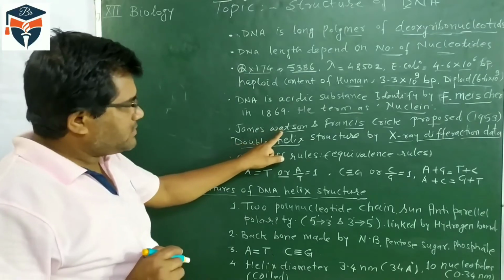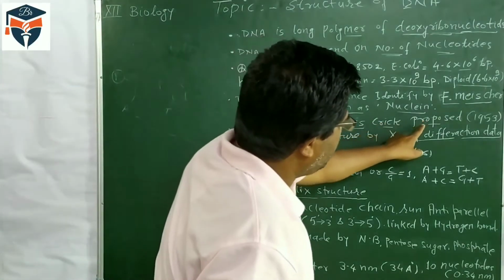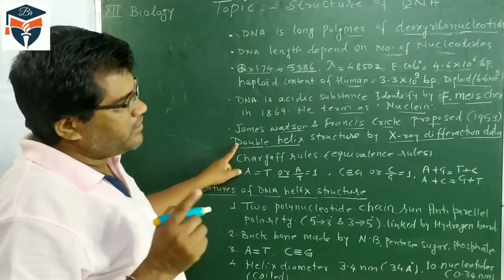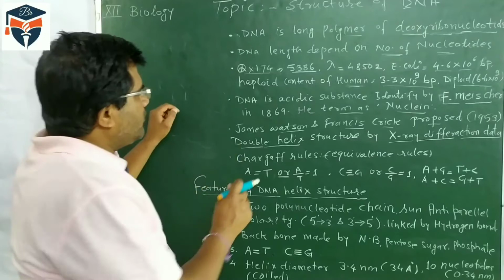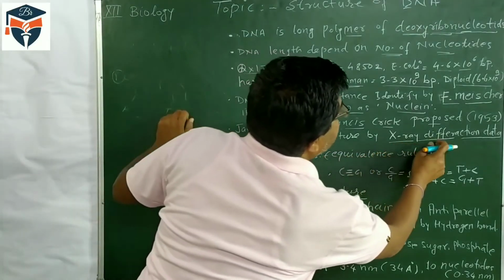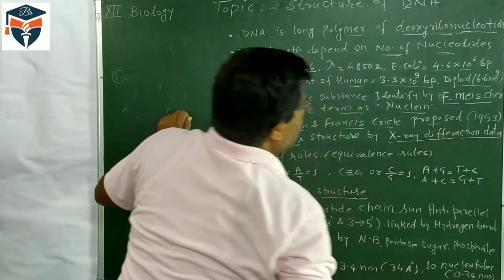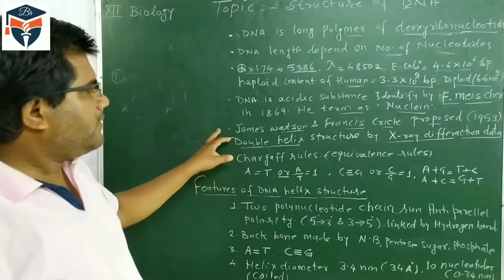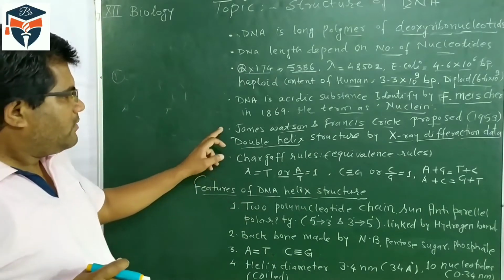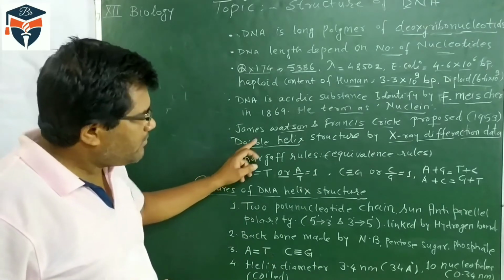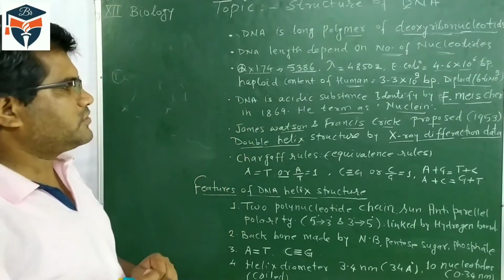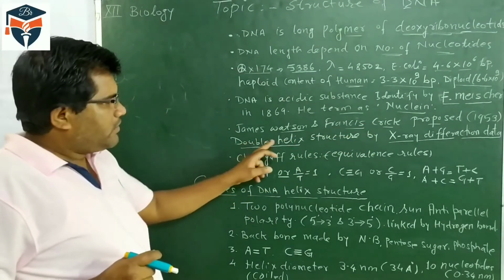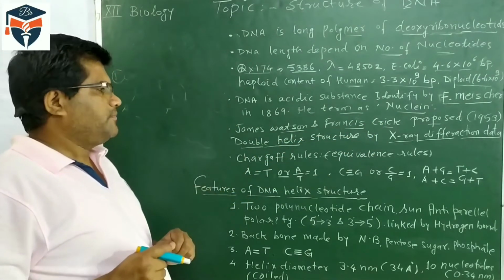James Watson and Francis Crick proposed the double helical model, and they were awarded the Nobel Prize also. They studied it by the X-ray diffraction method, and on this basis they said that DNA is a double helix structure.